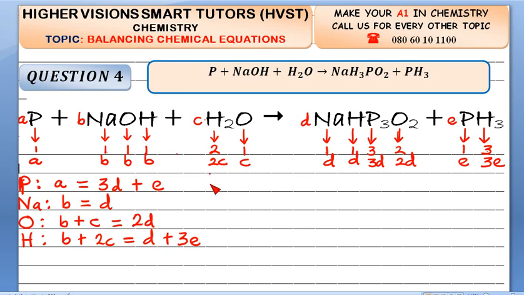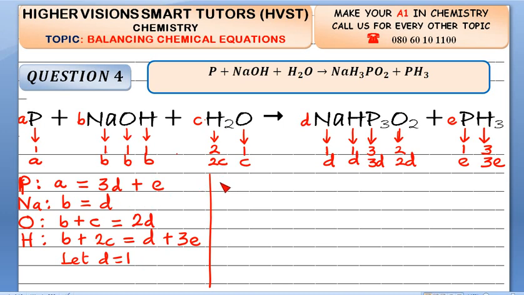So we start the solution by saying which one has the highest coefficient here. Looking through, I think the one that has the highest coefficient is D. So let's pick D. Let D be equal to 1. Now, from that simple equation, look at sodium.